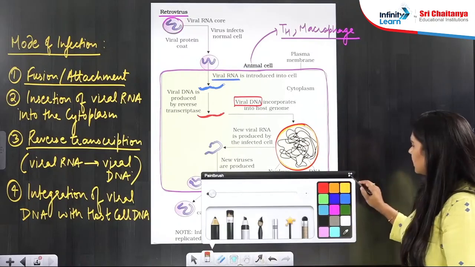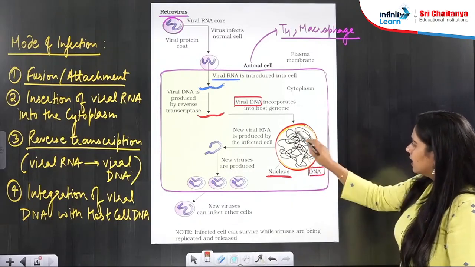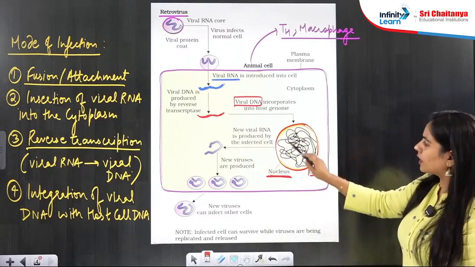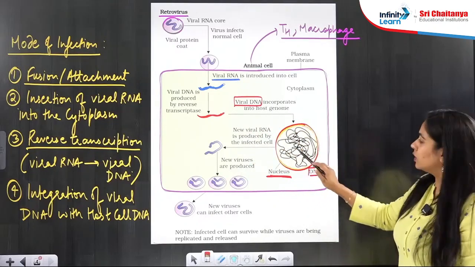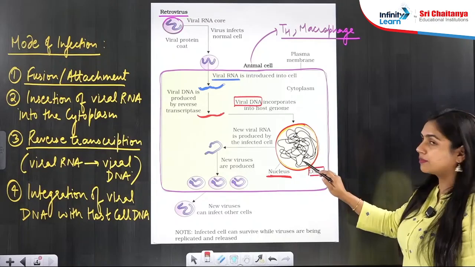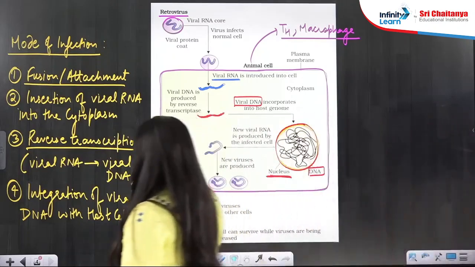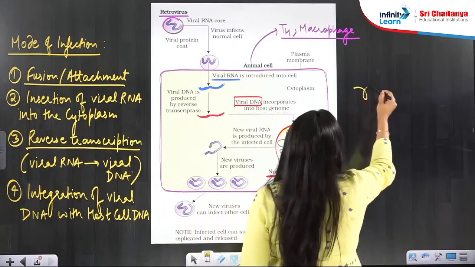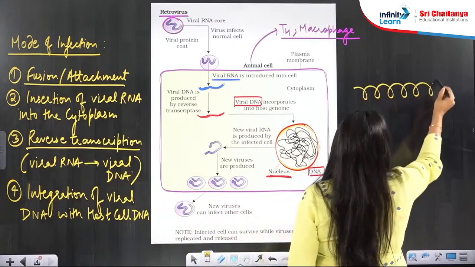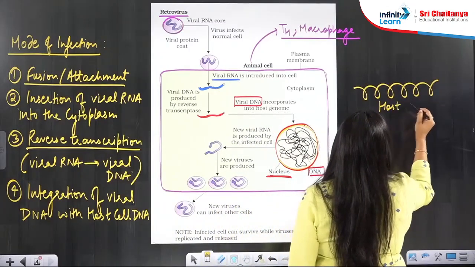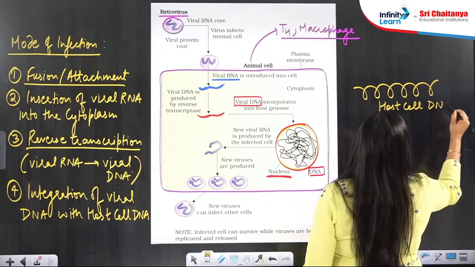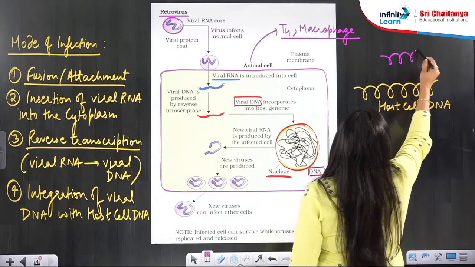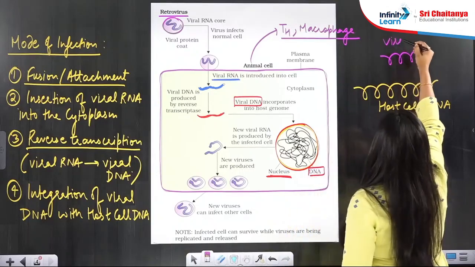Viral DNA is now incorporated into the nucleus, and in the nucleus this is the host cell DNA. Let us suppose this is the host cell DNA, and this is viral DNA.